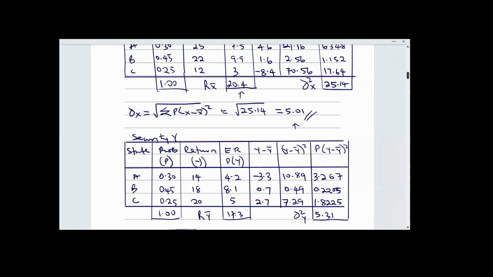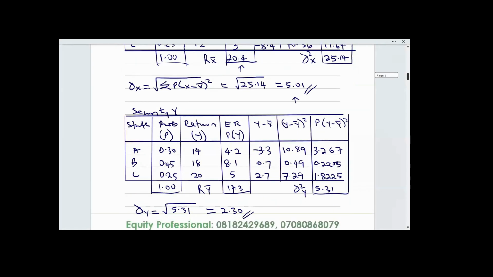Return of security Y is 17.3, while the risk of security Y is 2.3, which is consistent with the notion that the higher the risk, the higher the return, and vice versa. Security X has a higher return and higher risk relative to security Y with a lower return and lower risk. So we have answered requirement number A.